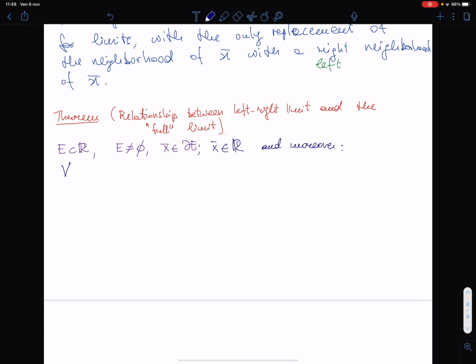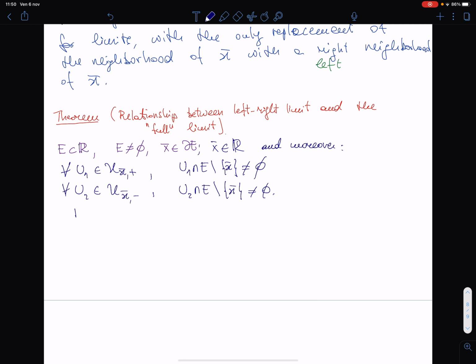So from the right means that there exists a U1 right neighborhood of X bar, such that the intersection between U1 and the domain, possibly excluding the point X bar, is not empty. And the same from the left. U2 is a left neighborhood of the same point X bar, and here you have that U2 intersection E minus X bar is not empty.